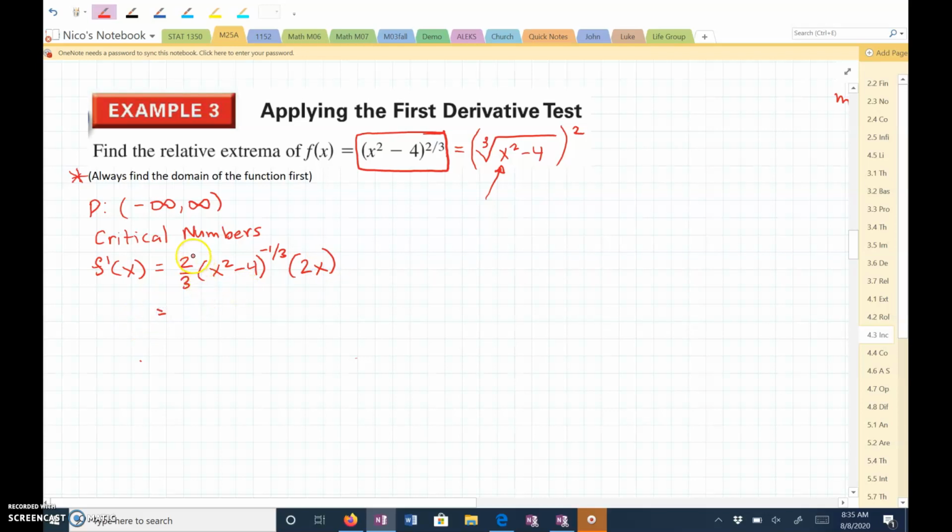When I simplify this, I can take 2/3 times 2x and get 4/3 x times x squared minus 4 to the 1/3 power.